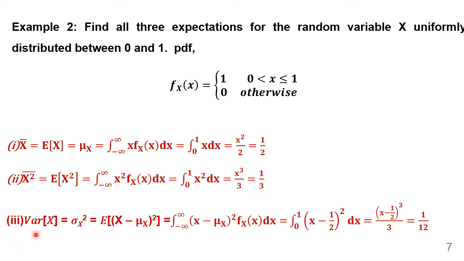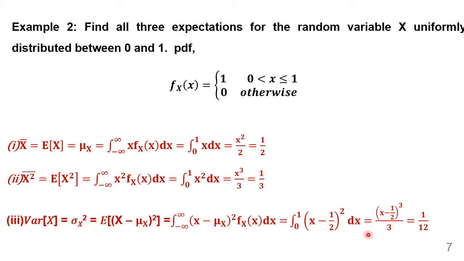Third one is the variance of x, that is standard deviation whole square, is equal to the expectation of (x minus mu x) whole square, that is equal to the integral of (x minus mu x) whole square fx of x dx, that gives you the integration of (x minus half) whole square dx.